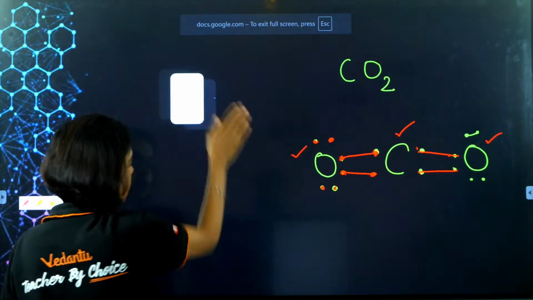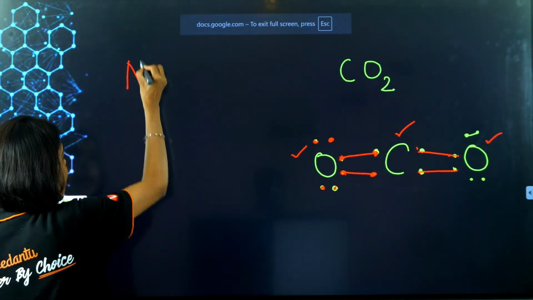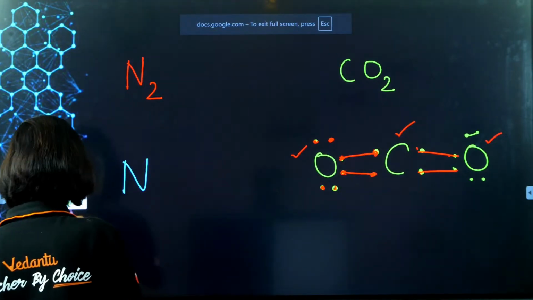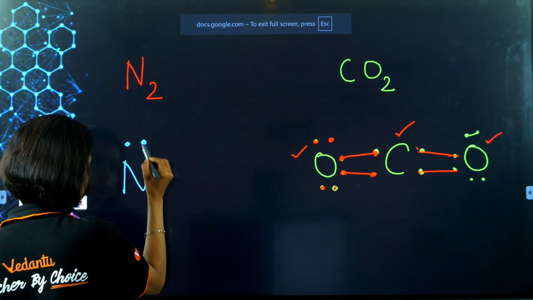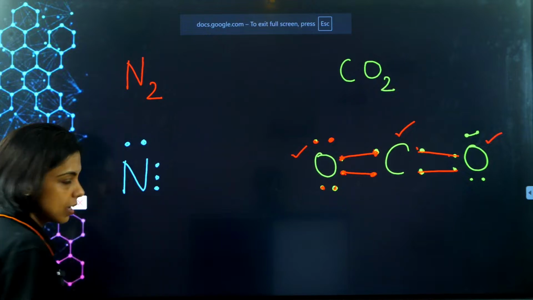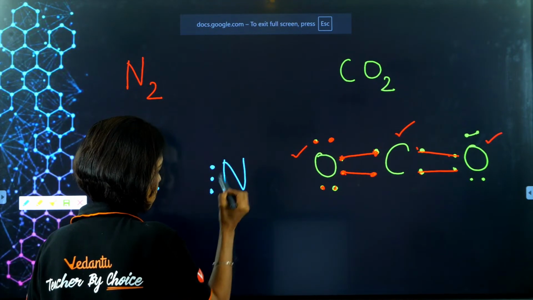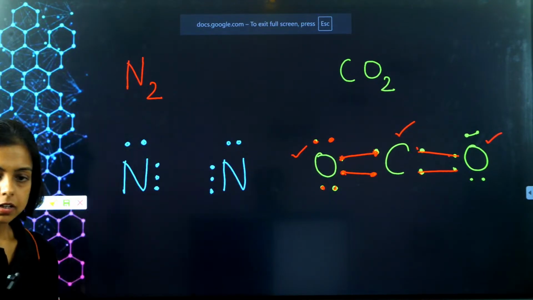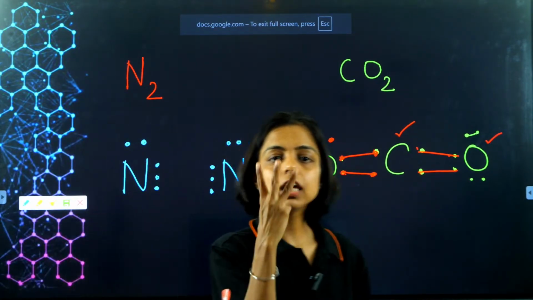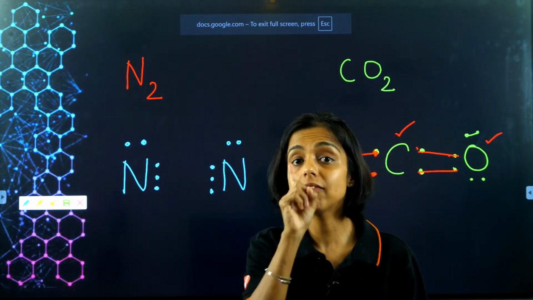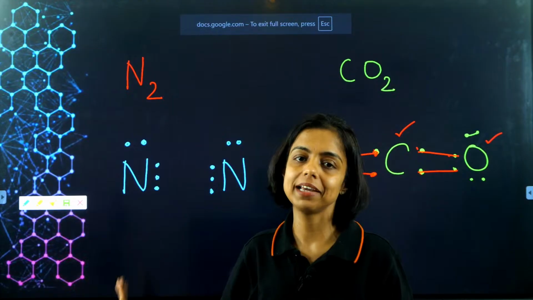Let me take you to the case of the nitrogen molecule, N2. Quickly tell me how many valence electrons nitrogen has. So, ma'am, nitrogen has 5 valence electrons. Another nitrogen also has 5 valence electrons, ma'am. Perfect. So each of them will need 3 more electrons to complete their octet. Octet means to have 8 valence electrons. 5 they already have.